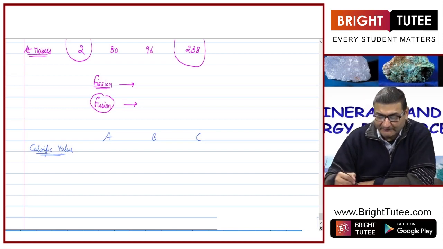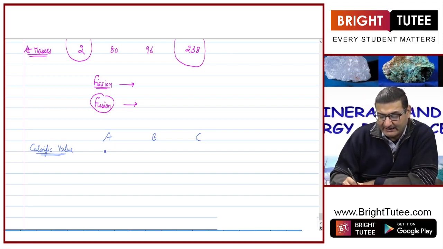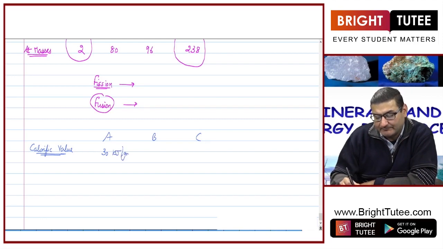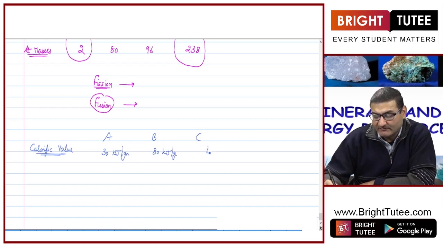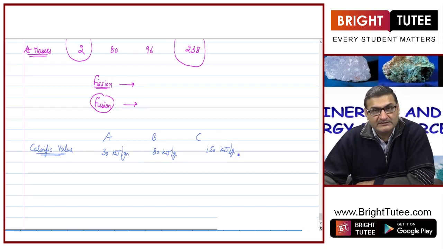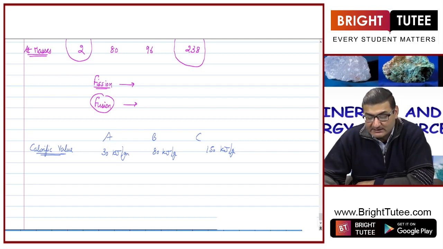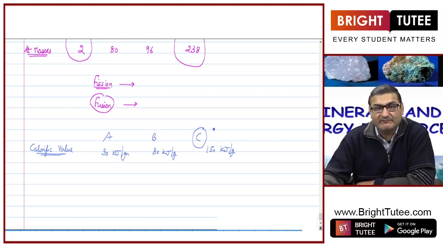The calorific value of fuel A is, let it be 30 kilojoules per gram, B is 80 kilojoules per gram, C is 150 kilojoules per gram. Which among them is the best fuel? Just given this information, we will say that the fuel having the maximum calorific value will be the best fuel.